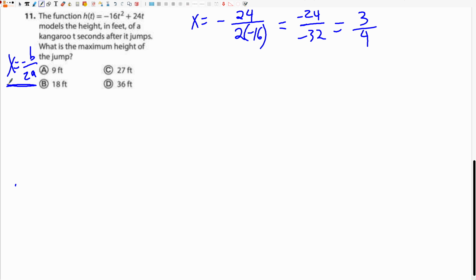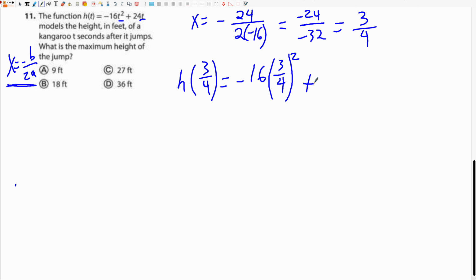Now that I know the x value, I need to put that in for t, right? It's kind of weird that we're switching letters now, but we're going to find h of 3/4. And that equals negative 16 times 3/4 squared, from the original equation, plus 24 times 3/4.